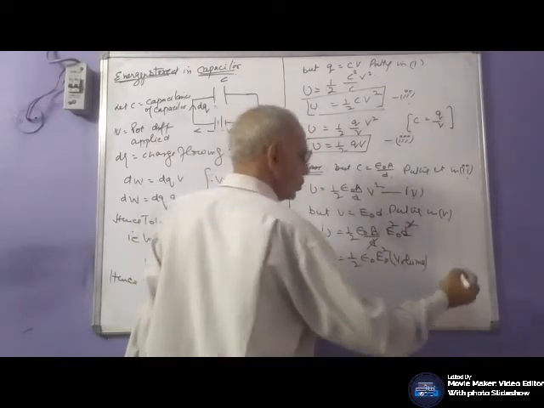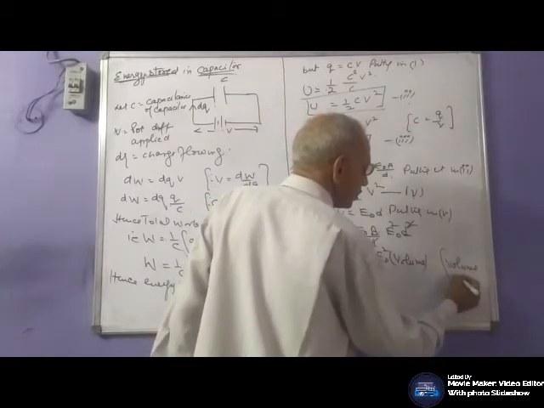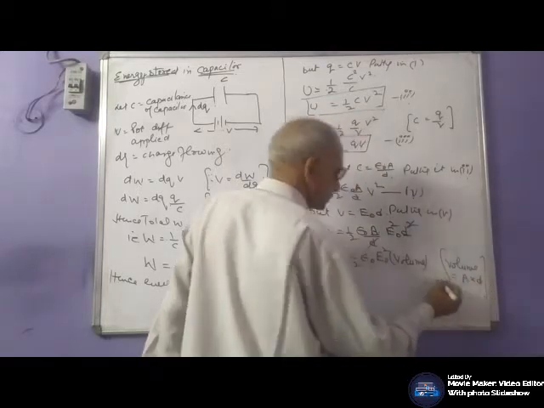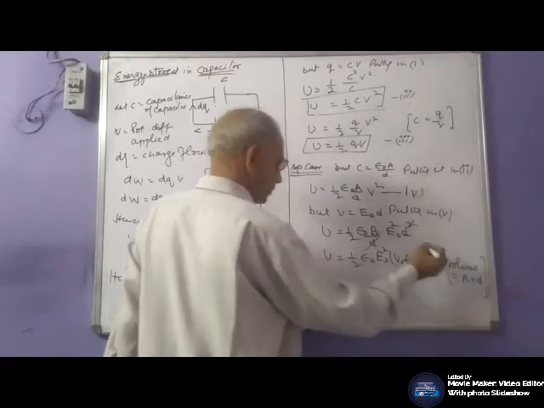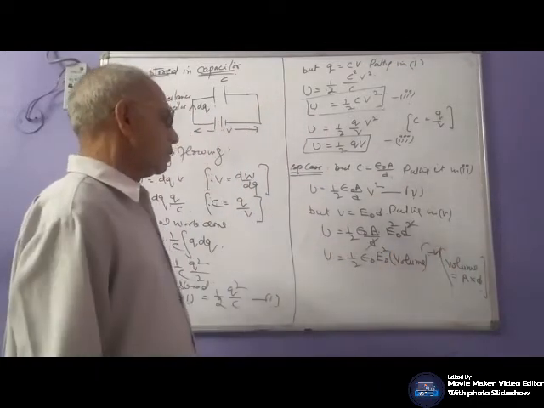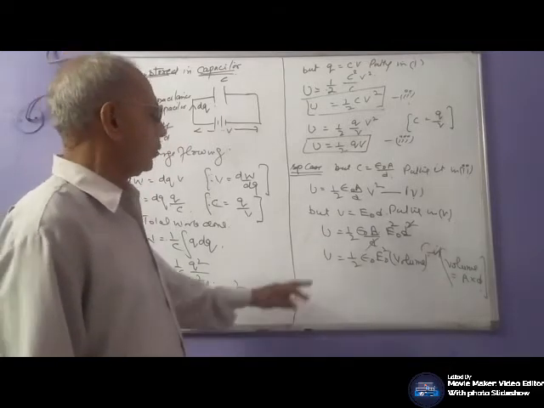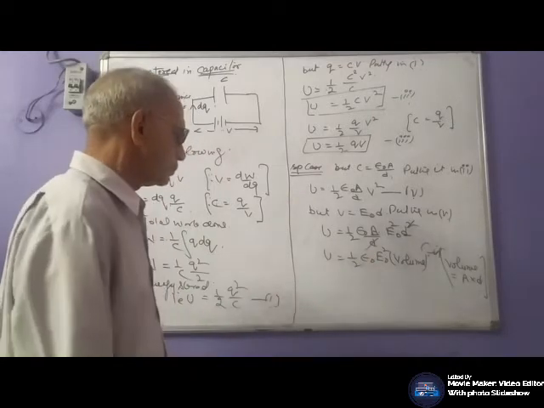It is the volume between the plates, A into d. This is the sixth: energy in terms of electric field intensity and volume.